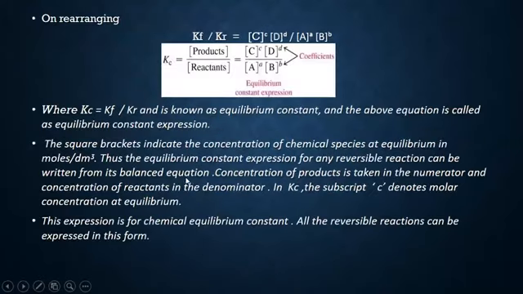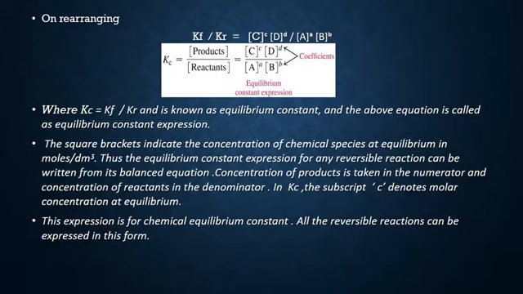On rearranging, or by taking the constants on one side and the variables on the other side of the equation, the above equation becomes Kf divided by Kr is equal to the products C and D with their number of moles present in exponent form, divided by reactants A and B with their number of moles.